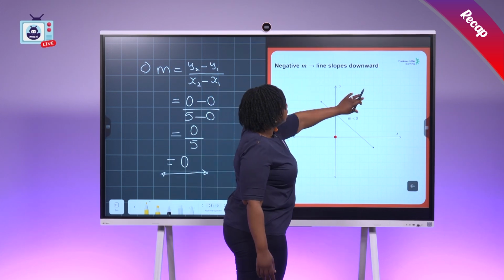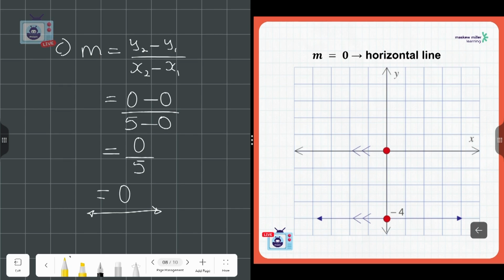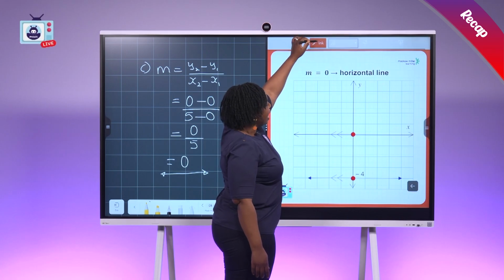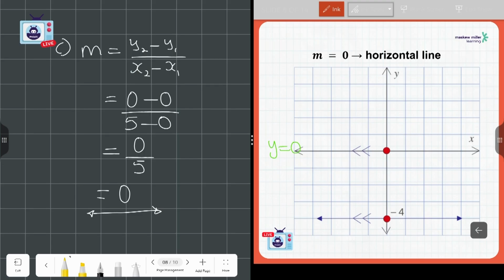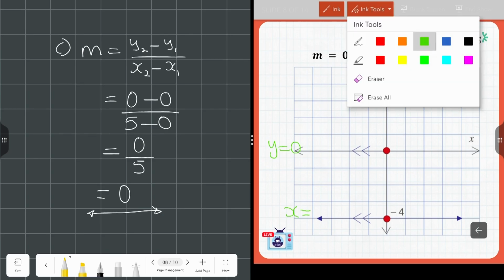Then we have the slope where m, or gradient, equals 0, which is similar to what we have here. If your gradient equals 0, that simply means that you have a horizontal line that is parallel to your x-axis. Remember, this x-axis is our line y equals 0, which we'll use quite a lot when we are drawing the graphs, and we did it in the first lesson as well to see how parallel lines look. So this equation here is y equals negative 4, a y equation.